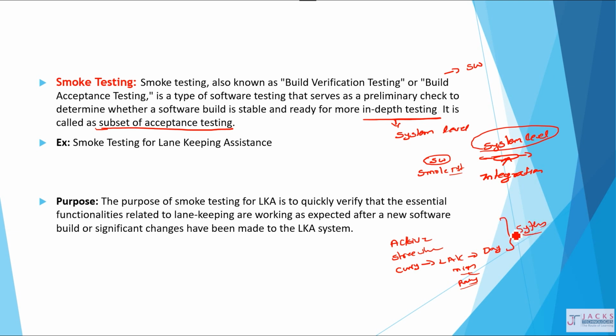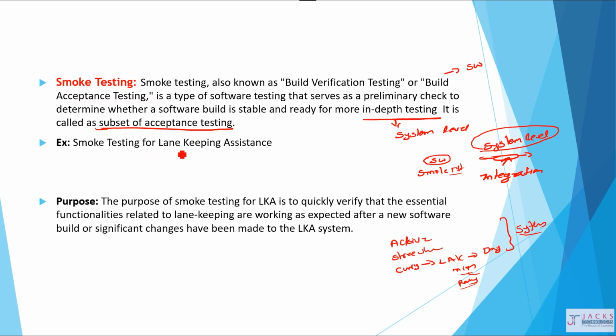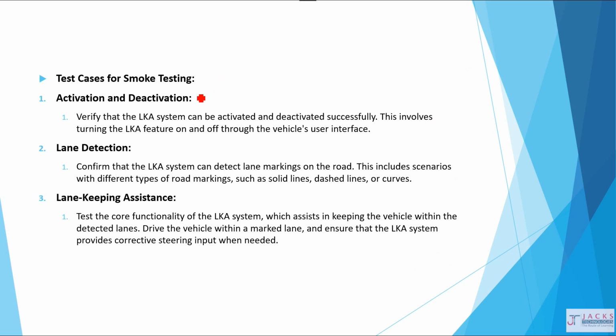Okay, but before you get the software to system testing, before you test all these functionalities, see the test cases for smoke testing. You need the lane keeping assistance software to do in-depth testing. Now, smoke testing people will check whether lane keeping assistance is getting activated or not.